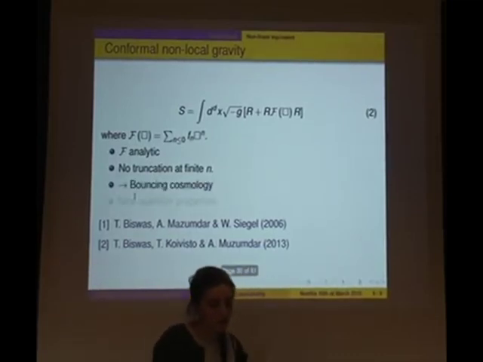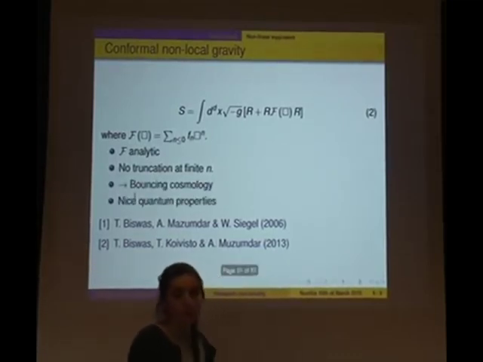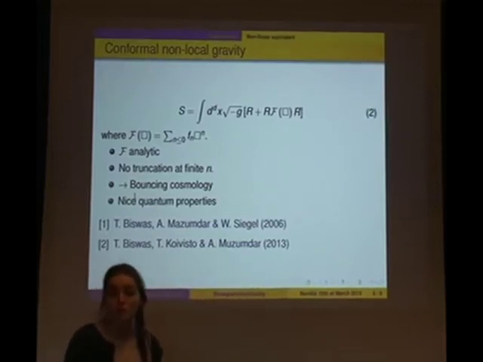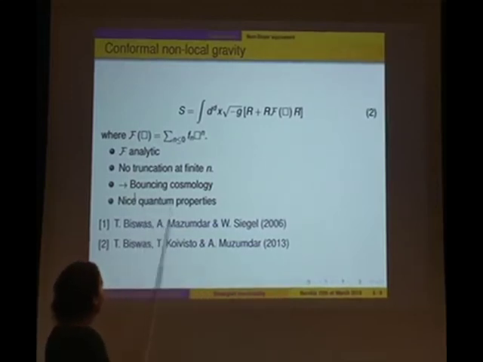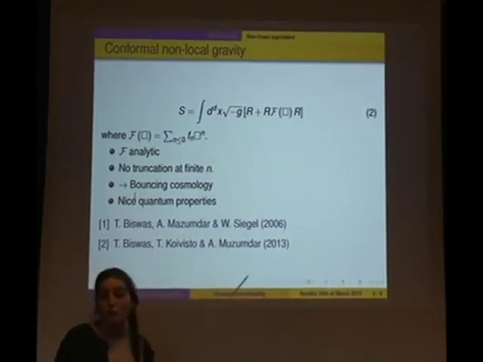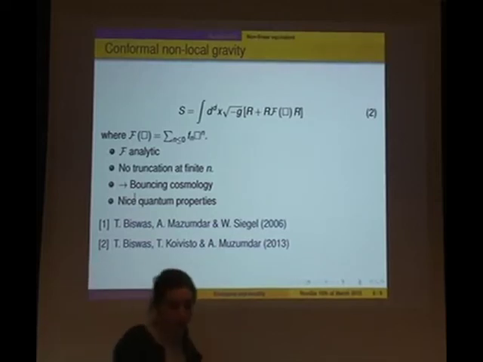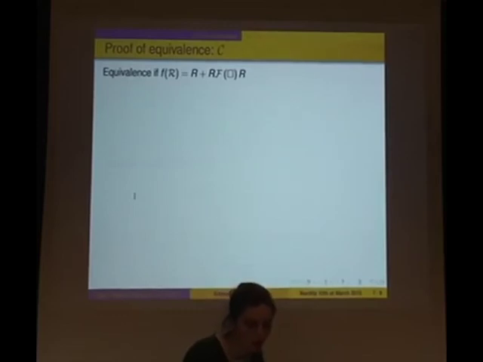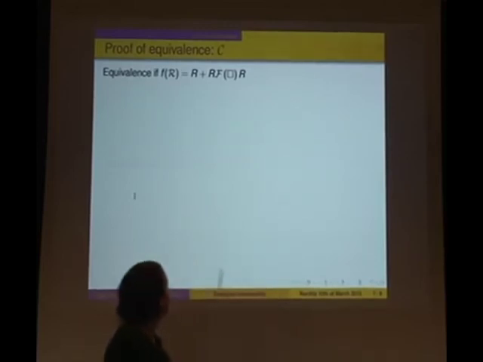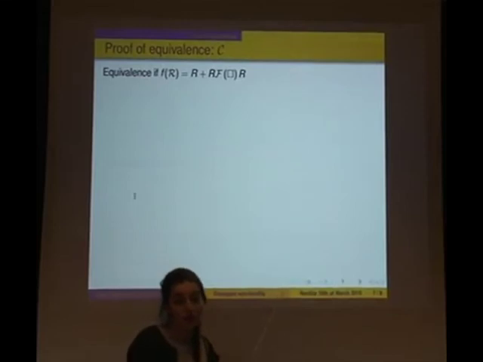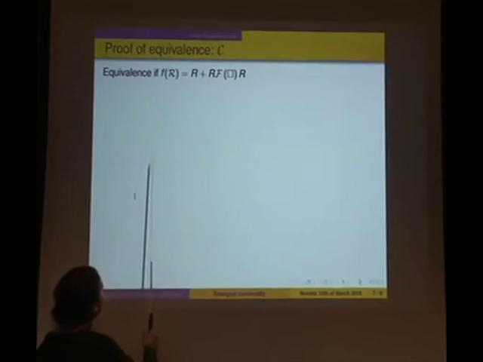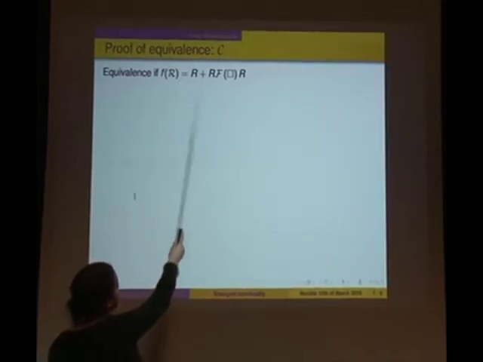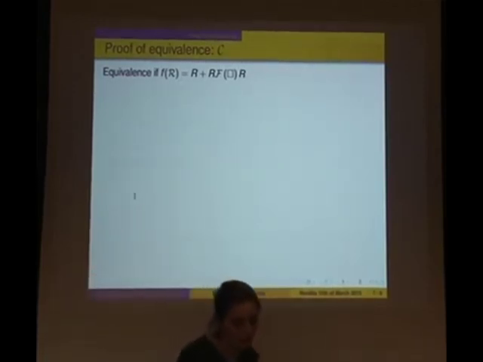This can lead to bouncing cosmologies, but these theories also have really nice quantum properties, so they can be renormalizable, and you can even have ghost freedom in certain particular formulations or choices for F. So we would want to see if we can find a type of C theory that's equivalent to this. The equivalence would be found if we found some F of R which was equal to this.